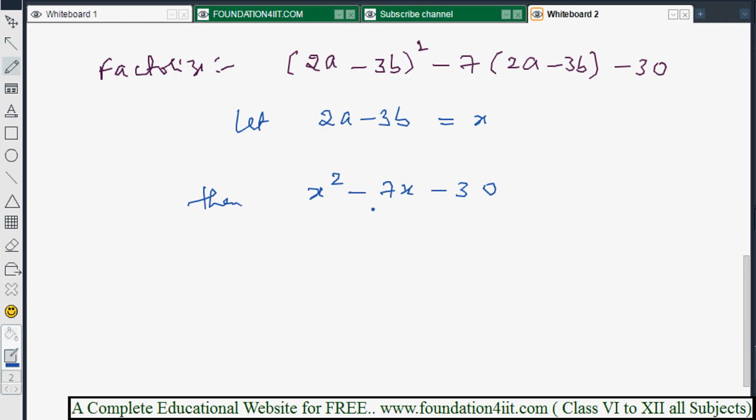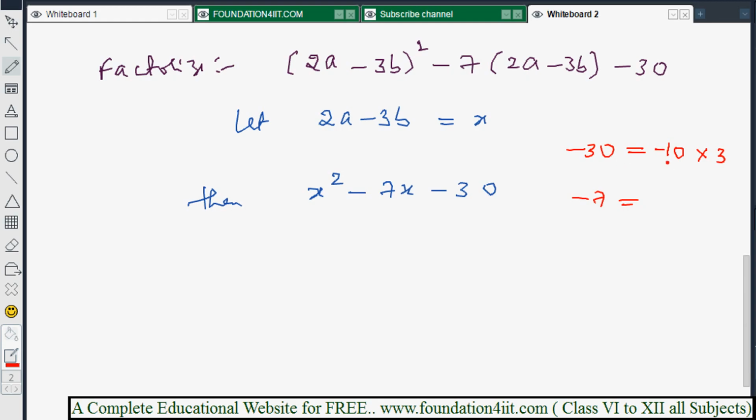Now minus 30 and minus 7, we need to split into two parts. The numbers multiply to minus 30 and add to minus 7. 10 into 3 is 30, but we need minus 30, so we keep minus 10.